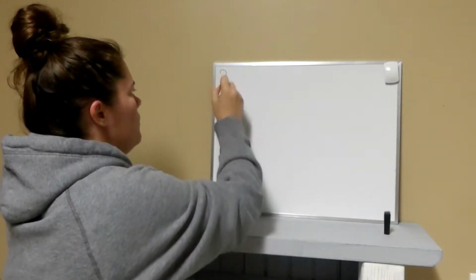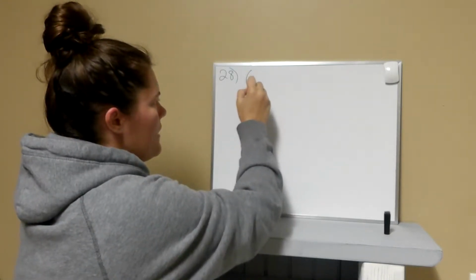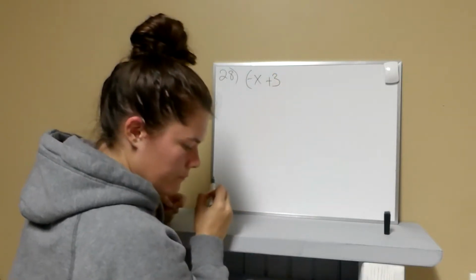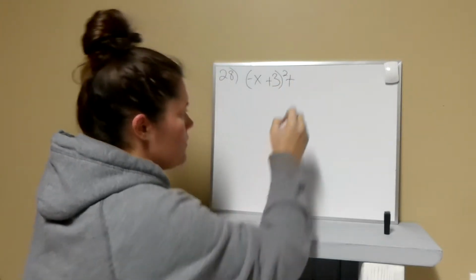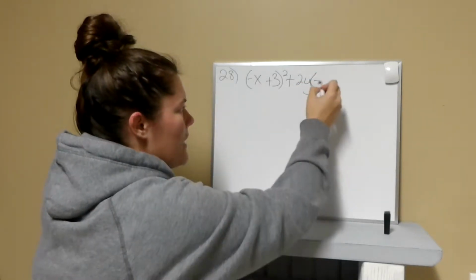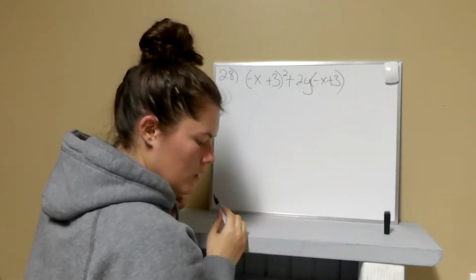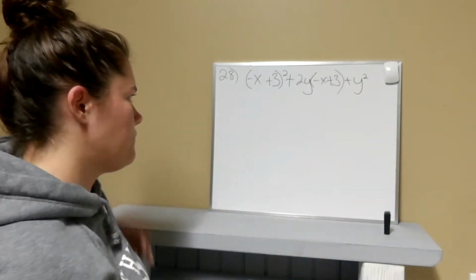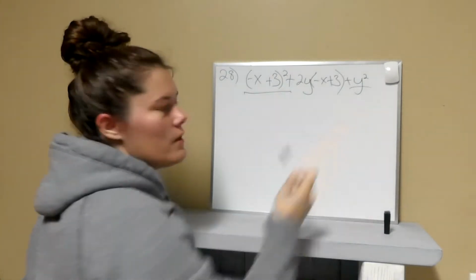So number 28, you have negative x plus 3 squared plus 2y minus x plus 3 plus y squared. So again, you're just focusing on the first part and the second part.